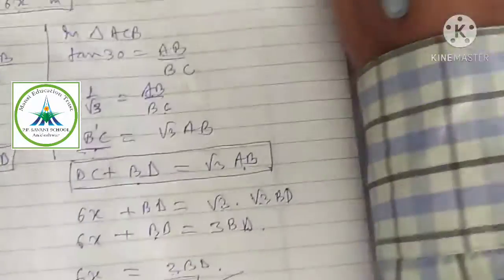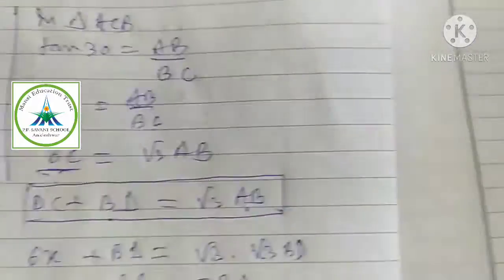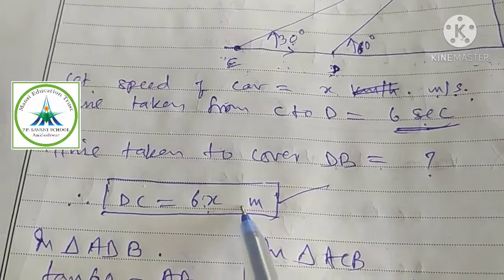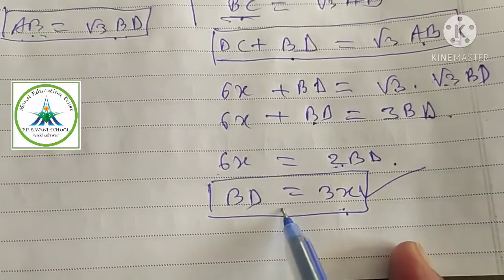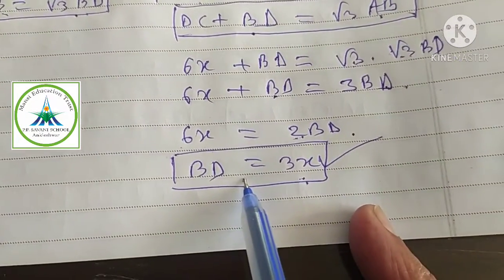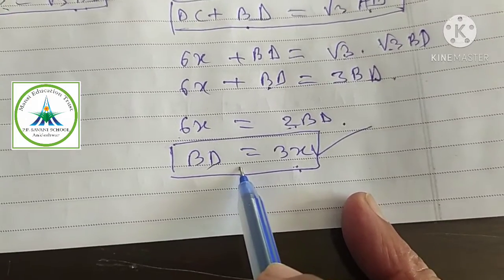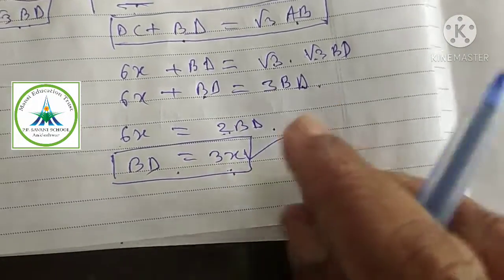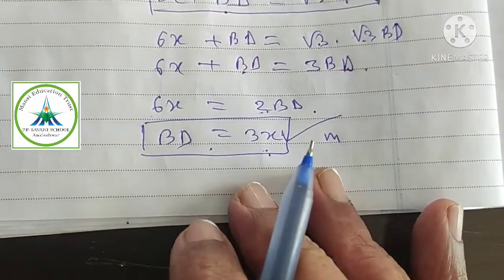Now see, if we are knowing DC and BD, we are asked to find the time from B to D. So this is the distance in meters, and speed is x meters per second.